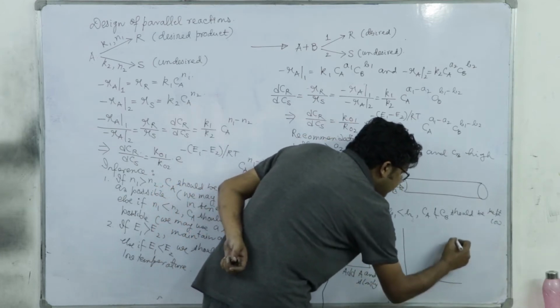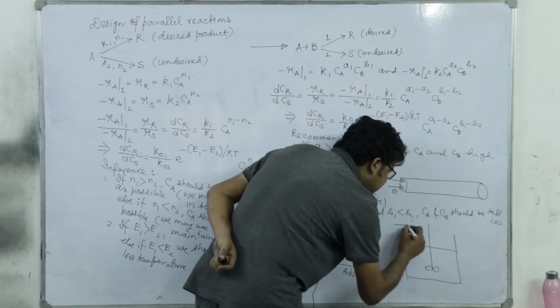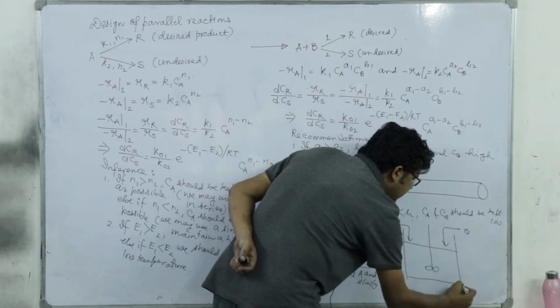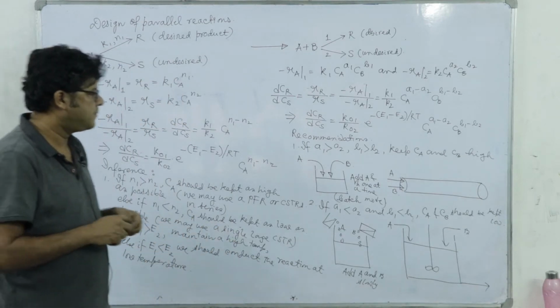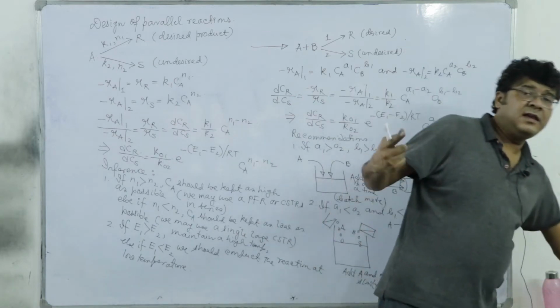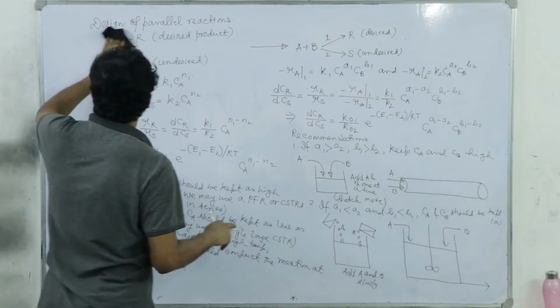So in continuous mode, it should be a single large CSTR. Here A and B are delivered, and from here we draw the product. Now next, if A1 is greater than A2, just the opposite for the two reactants.